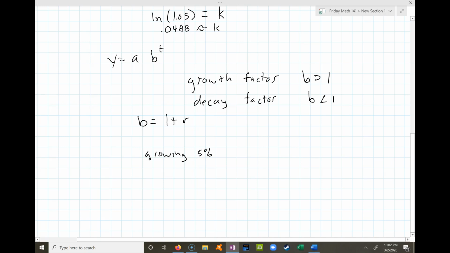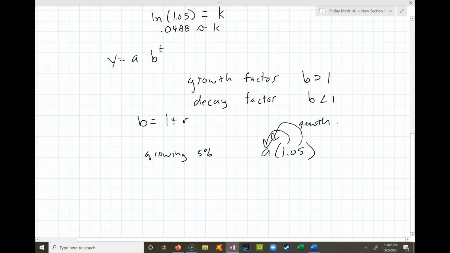And so if I have something and I want it to grow 5%, I have to multiply it by 1.05, because if something grows 5%, that means I have 105% of what I had before. The 1 just gives me the original amount, and then the times 0.05 gives me the growth.